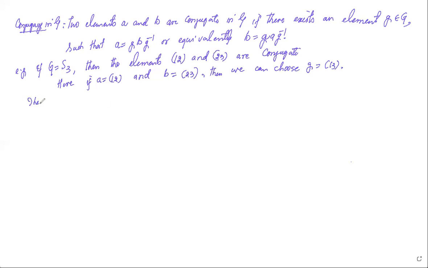Then g (1 2) g inverse, that's actually equal to (1 3)(1 2)(1 3) inverse, this is equal to (2 3). So therefore the elements (1 2) and (2 3) are conjugate in G.